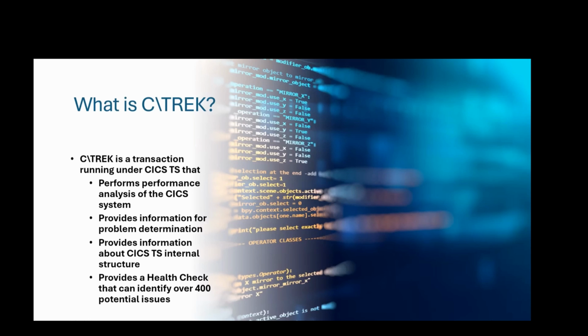It will perform the analysis of the CICS system, and specifically the thing that you want to look at, so you only spend CPU on the basis of what you're looking for.